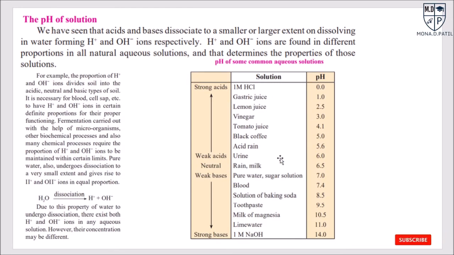Now above the number 7, like 7.4, 8.5 till 14, the strong bases are indicated here. The pH of a strong base is 14. In this way, this is called the pH scale, and the middle number 7 indicates neutral.